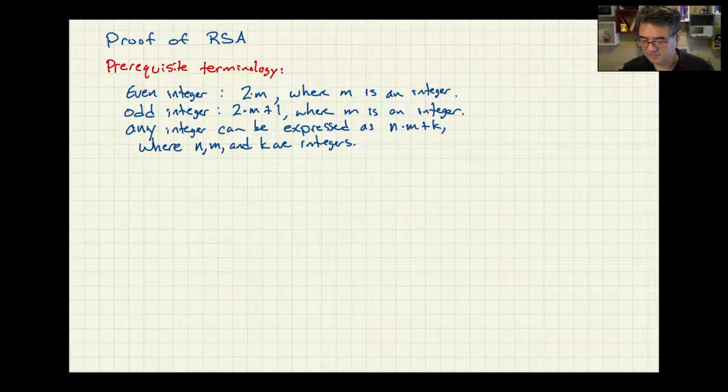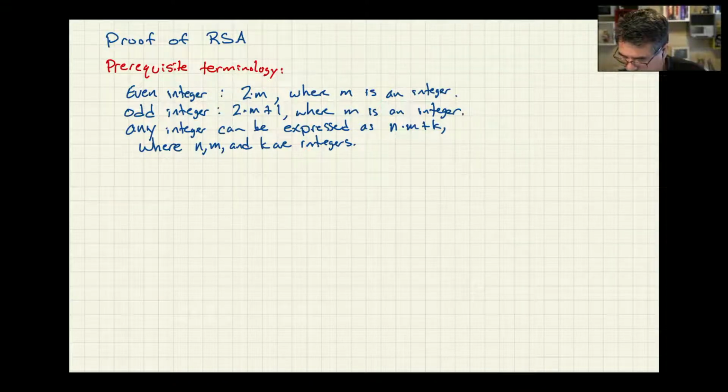Or 7 is 2 times 2 plus 3. So we can say that any number is some constant more than a multiple of some other number. Okay? So we'll go with those definitions of some terms.